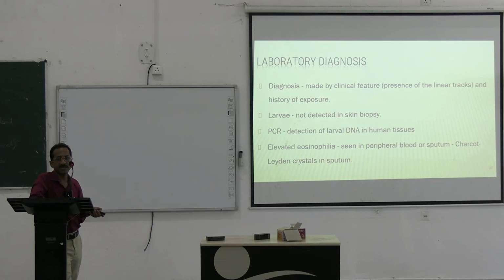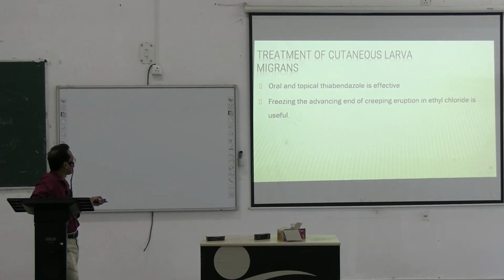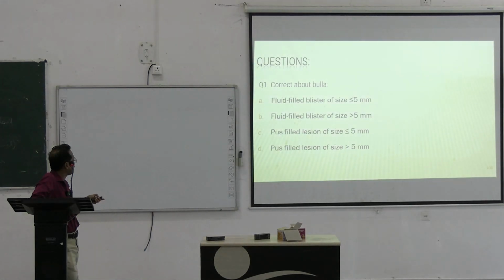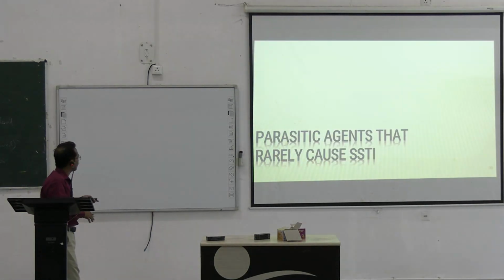Same anti-helminthic, either you can give albendazole or you can give another anti-helminthic drug. Albendazole is effective. Thiabendazole is rarely used because it causes skin site infection. So these are.